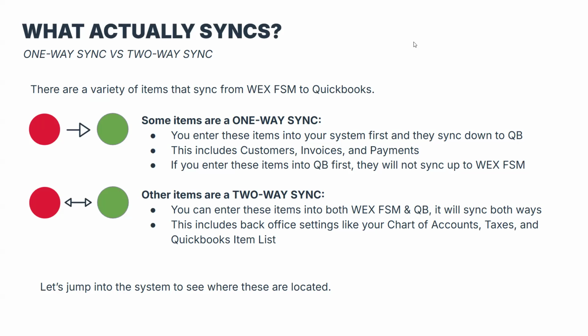And so if, let's say, you need an update to a QuickBooks item list item, you can edit that manually in QuickBooks, and then that will sync up to WEX FSM. All right, so that is just some foundation, some groundwork information. And now let's go ahead and jump into the system to see where these things are located.